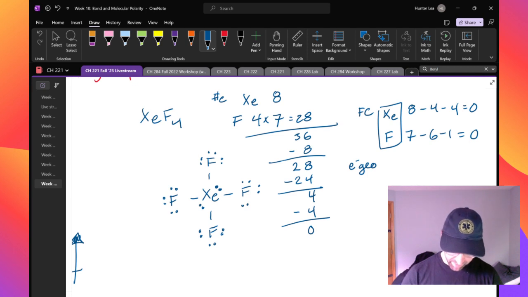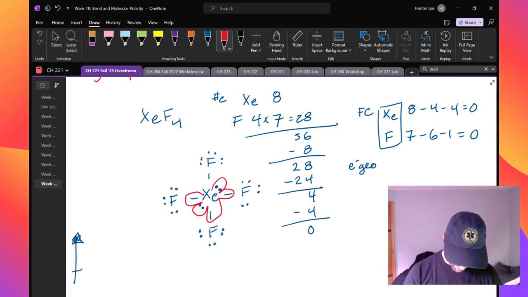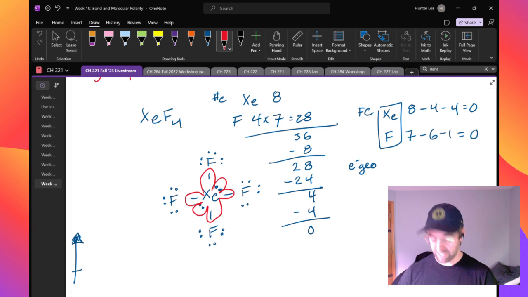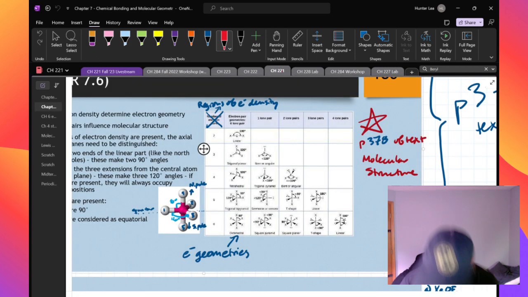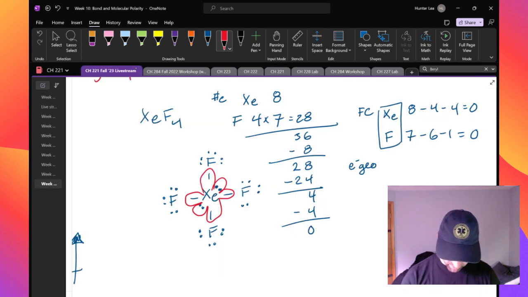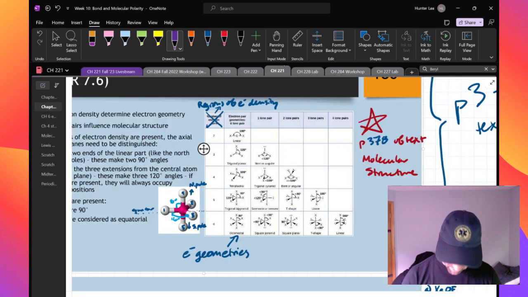So our electron geometry, I'm going to circle these, we have 1, 2, 3, 4, 5, 6 regions of electron density. Going back here, that would give us octahedral. But we also have those 2 lone pairs. That puts us here.